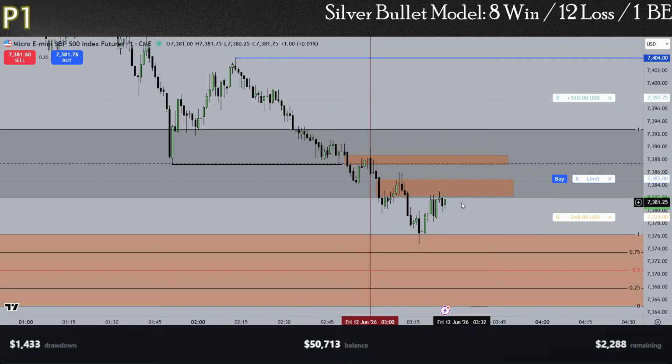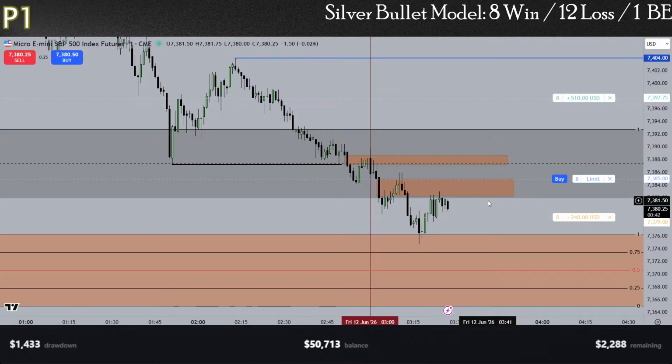All right, so we are approaching the 330, and that's a key time for the London open silver bullet usually. And that's also the time when turning points can happen, when further expansions are likely to be created.